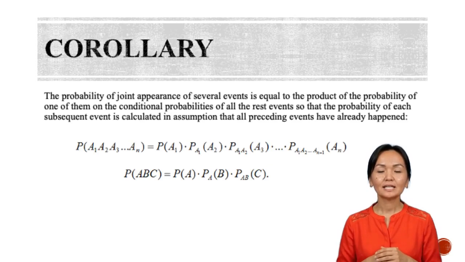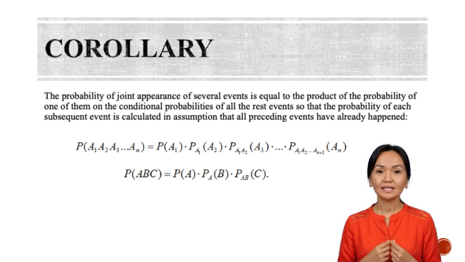The multiplication theorem can be extended to more than two events through a valuable corollary. The probability of the joint occurrence of several events is equal to the product of the probability of one event and the conditional probabilities of all the remaining events, with each conditional probability calculated assuming that all preceding events have already occurred.